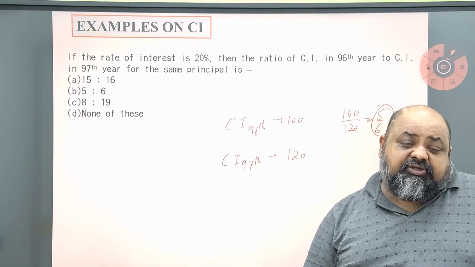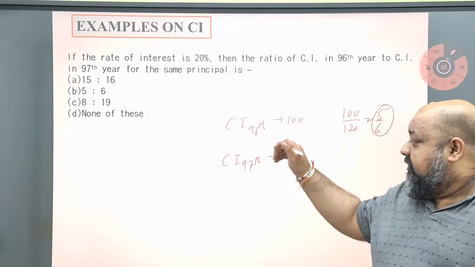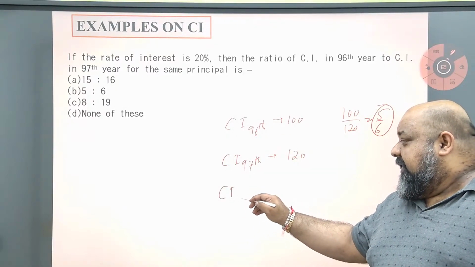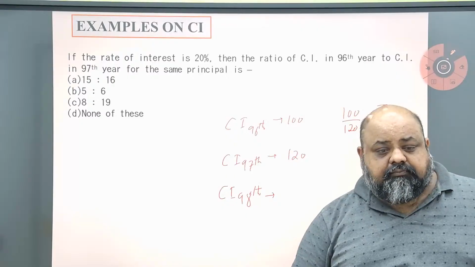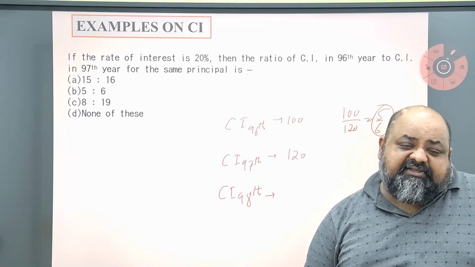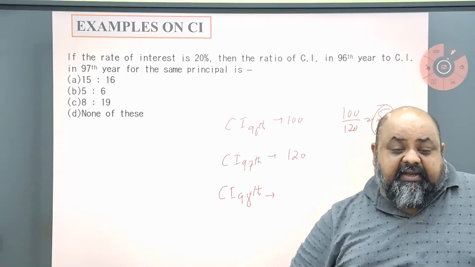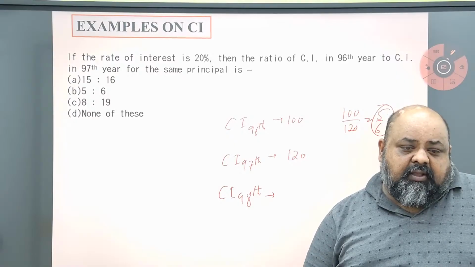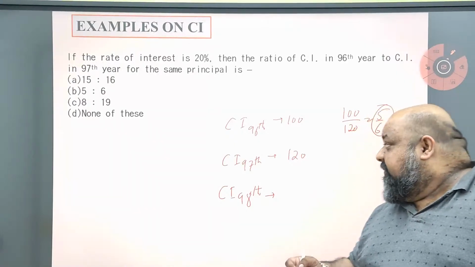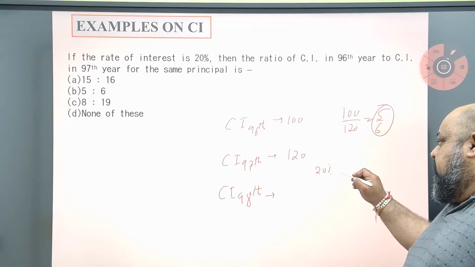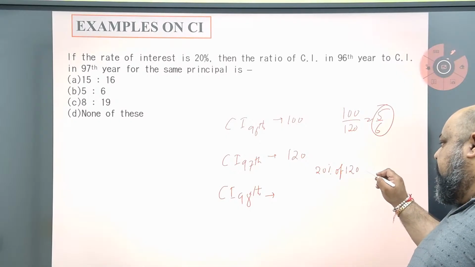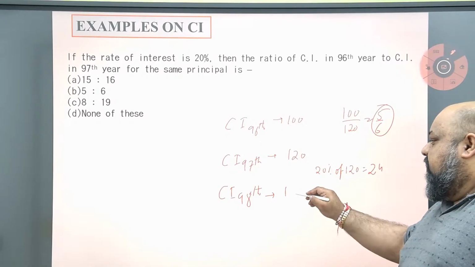What if I ask you the ratio of compound interest for the 96th and the 98th year? So 96th year CI was 100. 97th year it became 120. 98th year it will increase by 20% again. 20% of 120 is 24. This will become 144.